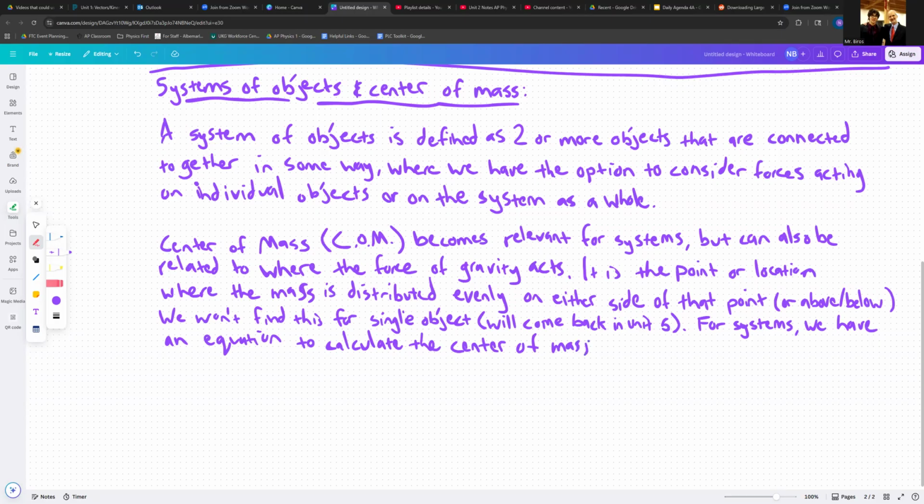And we also have a way to find its velocity. All right, let me just make sure I pull up the right equation here because I don't want to lead you astray with the wrong one.